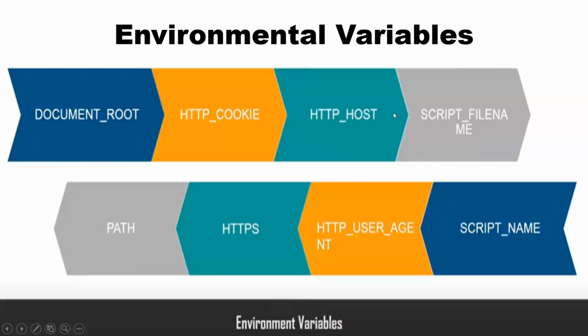These script files are executed by the CGI programs with the help of a database. And HTTPS, which is nothing but Hypertext Transfer Protocol Secure. Next, HTTP user agent, and script name, which are nothing but generalized variables for CGI.